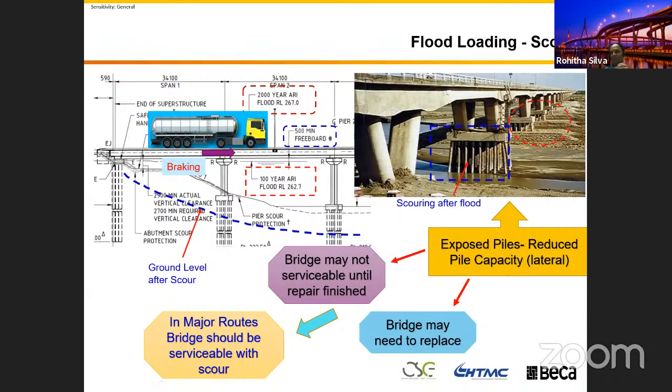I'm explaining this to you, the earthquake and the flood design. Most of the bridge designs you do, it's not going to be the governing case. Most bridges are governed by the primary load case we design, which is traffic.